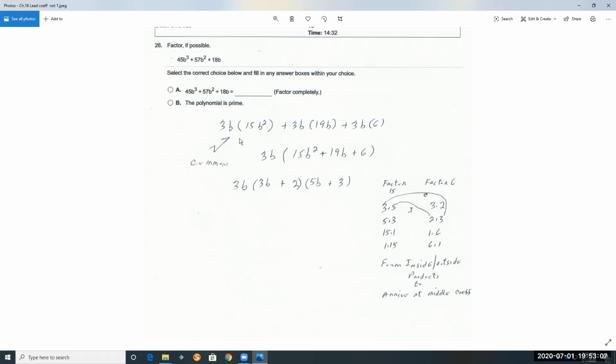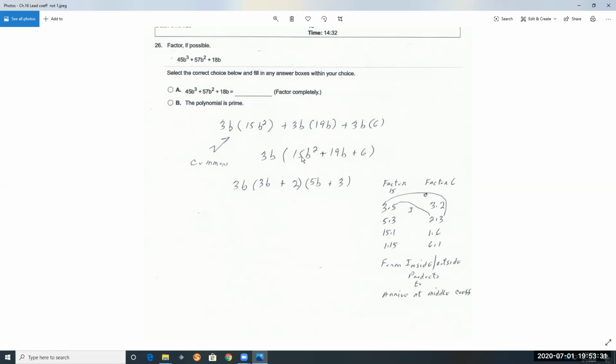So I saw a common numerical factor of 3 between these three numbers, and a common factor of b between b cubed, b squared, and b. Then the question becomes, can I refactor this trinomial whose lead coefficient is 15? It's greater than 1.